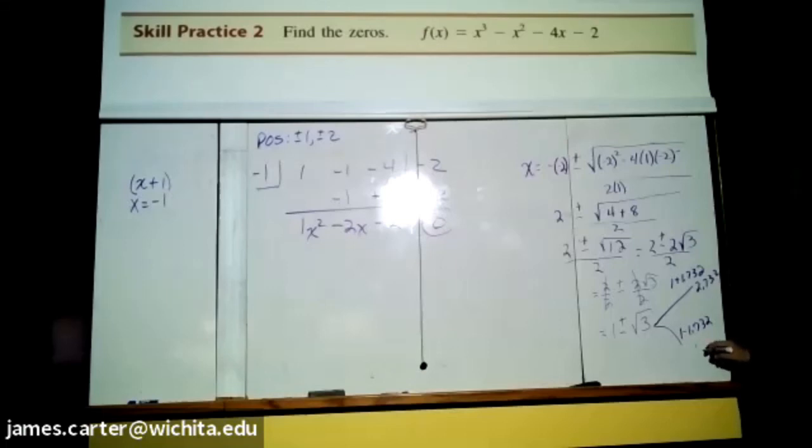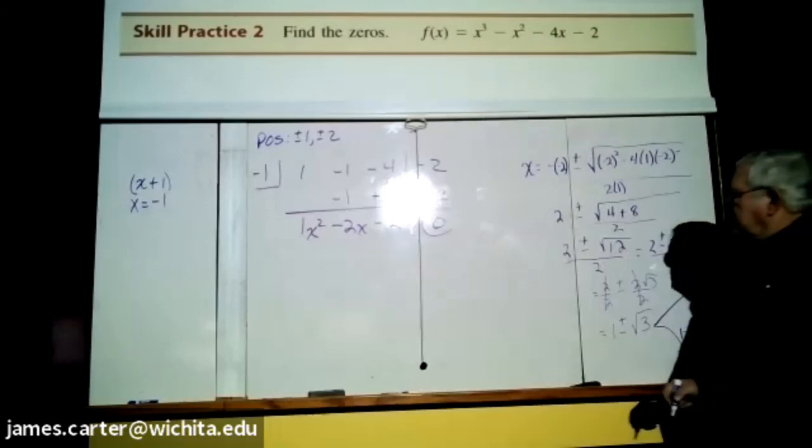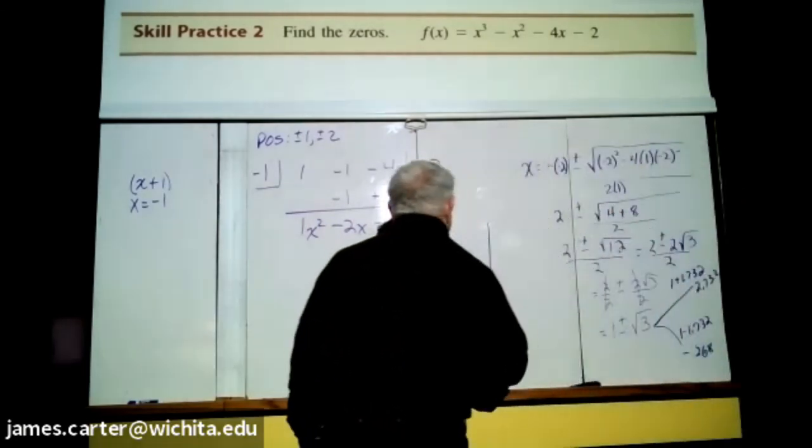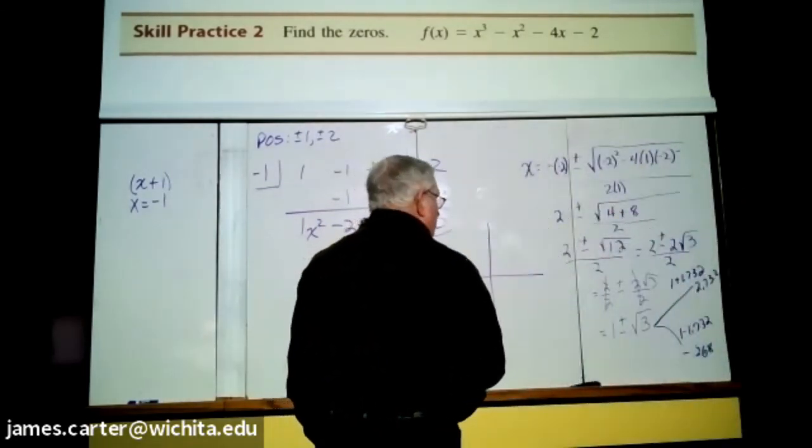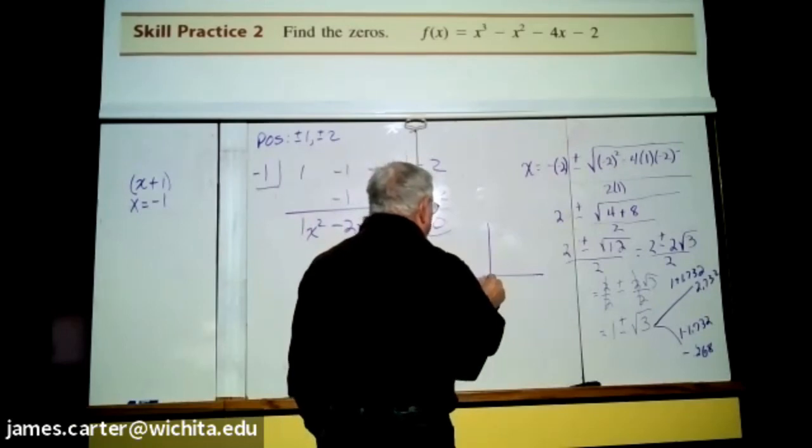Okay, would be -0.268. What would this thing look like as a graph? Okay, we've got -1/4.